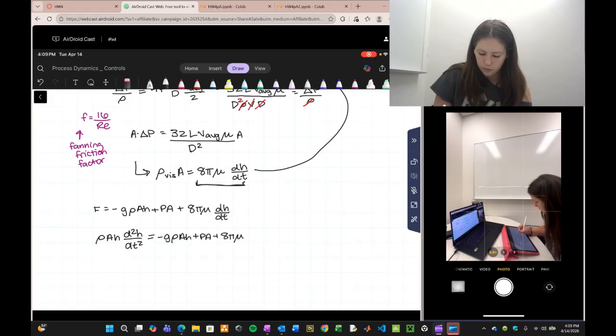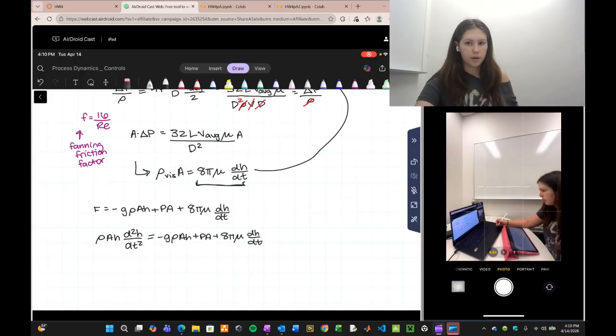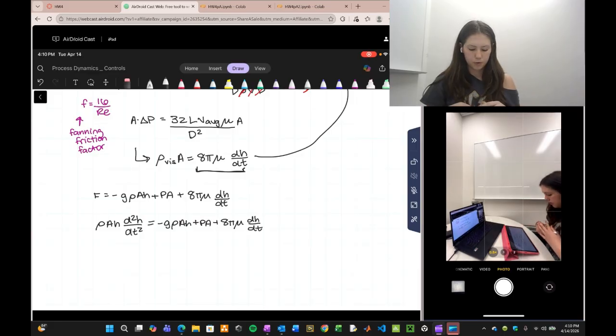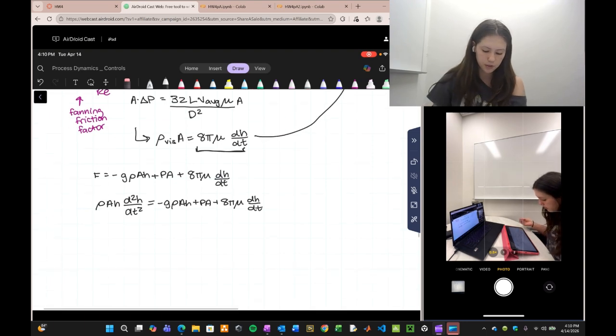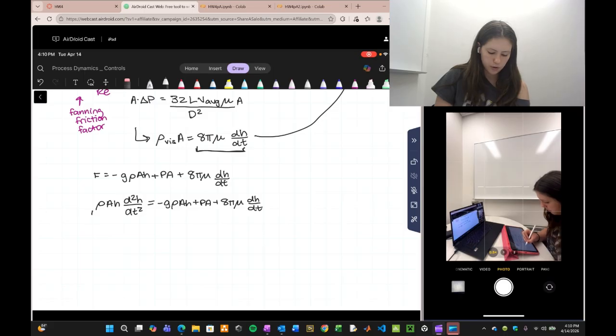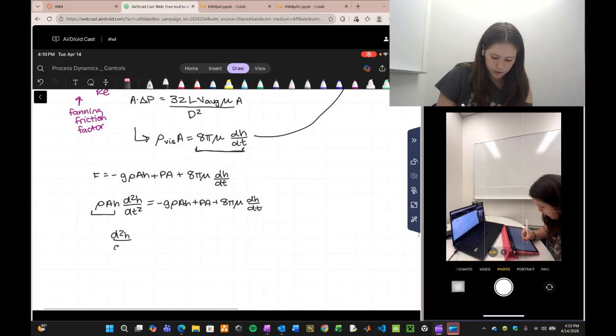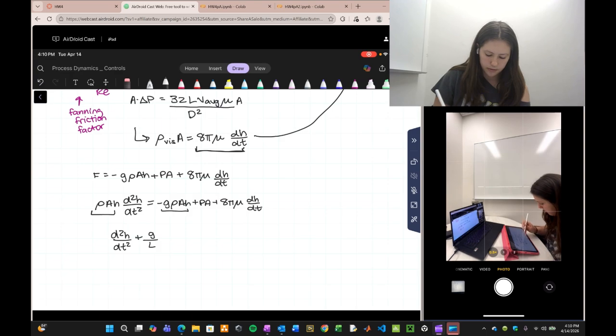And then we will rearrange it because we want to take a Laplace transform and we want to be able to see our transfer function. So we're going to end up dividing everything by this rho A H term, and if we rearrange this, we will get our second derivative term here, plus our gravity term here, since we're dividing it by the rho A H, we will end up getting just g over L. And then we will get 8 pi times our viscosity divided by rho A H, and then times our change in height with respect to time.